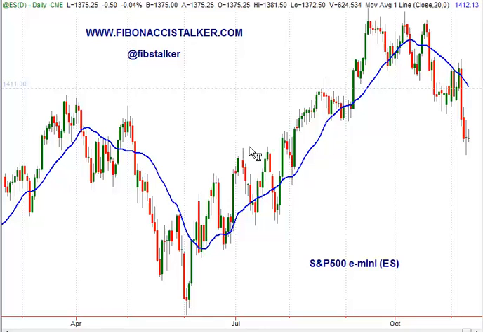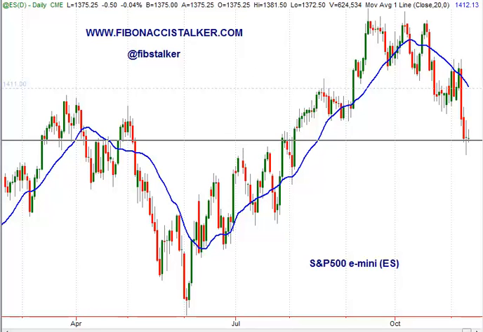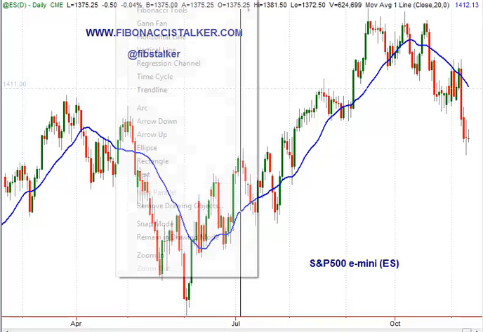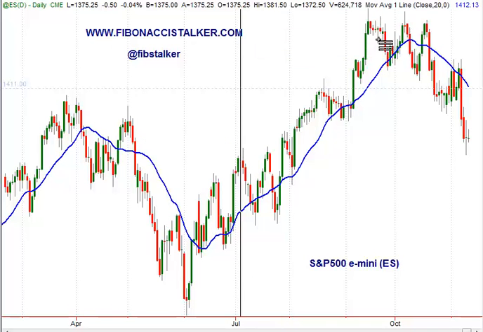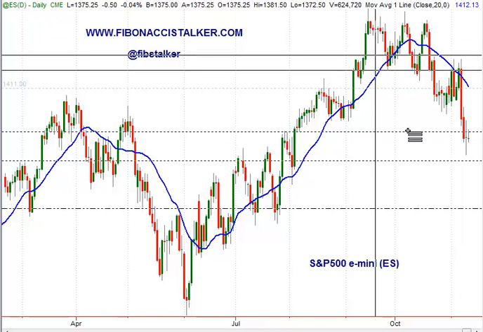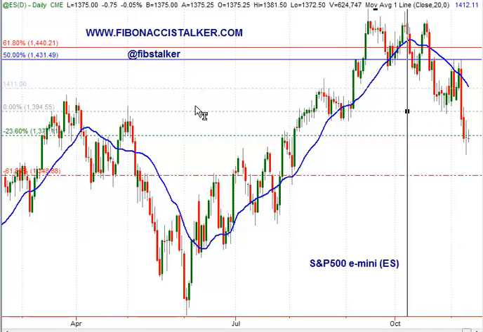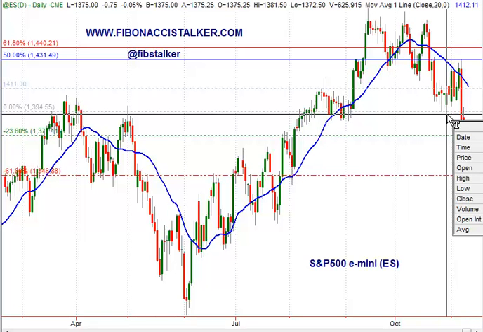You will remember from the past analysis of the S&P500 that we had this measured move lower, and I'm considering 1,394 because I'm not considering the Sandy lows, which are the lows of October the 30th.